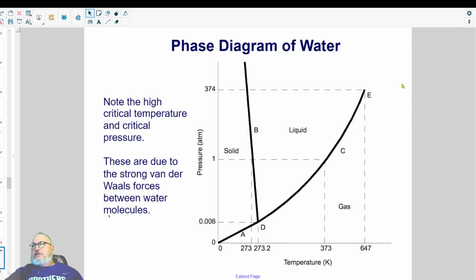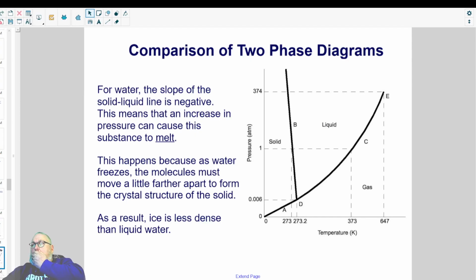Now, why is there this high critical temperature and high critical pressure? This is because of those strong hydrogen bonds that exist between water molecules. So let's look here. This is water again. Let's look at the slope of the solid-liquid line. This would be what we call a negative slope.